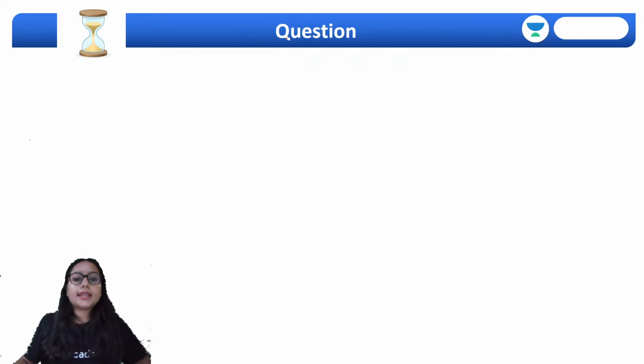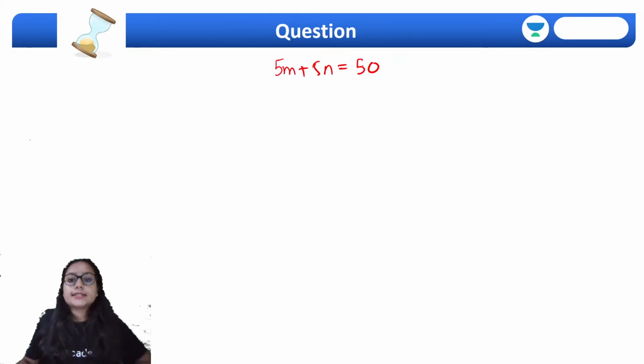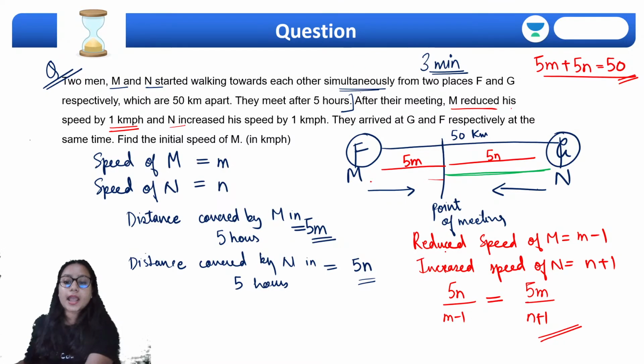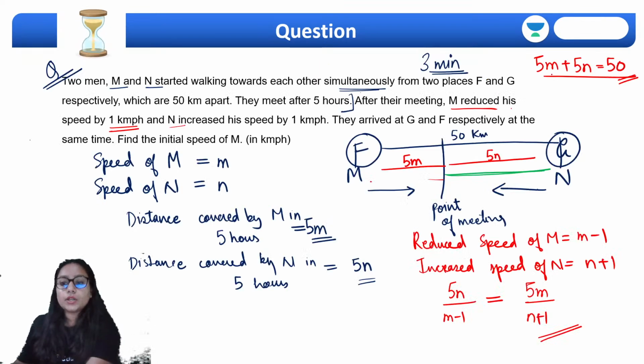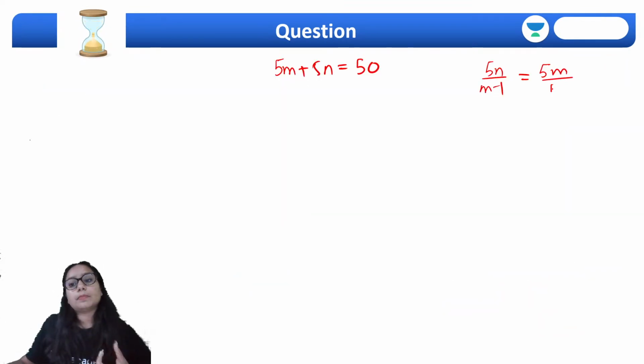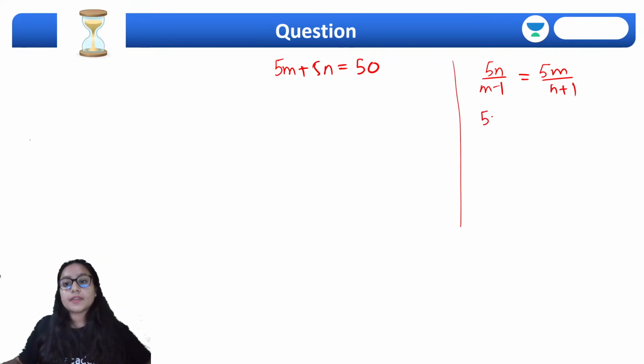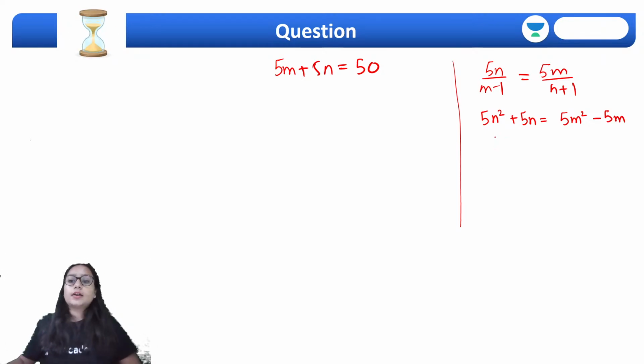So we already have that 5M plus 5N is 50. The second equation we got is 5N upon M minus 1 is equal to 5M upon N plus 1. Let us simplify this. I get 5N square plus 5N is equal to 5M square minus 5M, so the 5's cancel out.